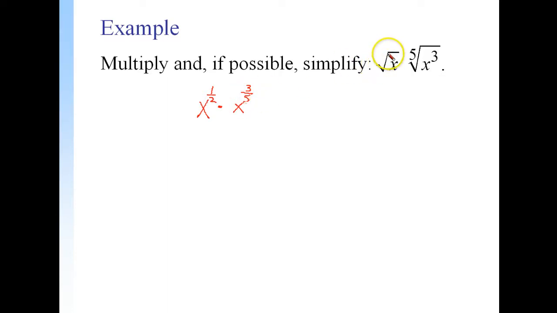I'm converting it from its radical form into its fractional exponent form. Where this is the denominator, this is the numerator of our exponent. So if we wanted to multiply these, we have to have common denominators, which will be 10.